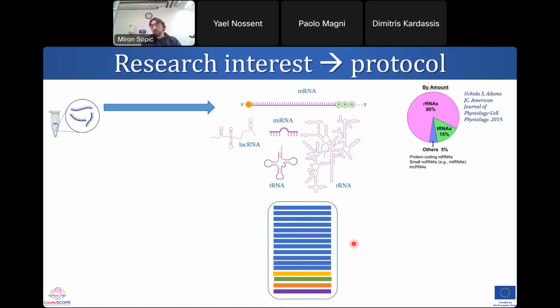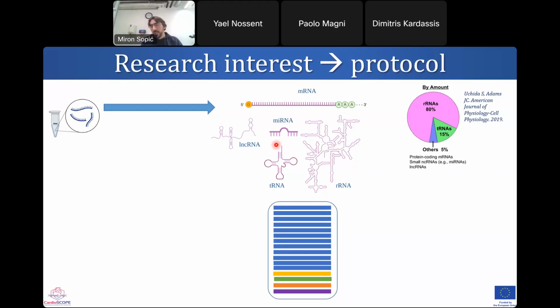So you can use total RNA, of course, for sequencing and go very deep, but then maybe it is better to somehow remove ribosomal RNA or enrich a specific type of RNA in order to not be forced to go super deep with sequencing, but again, gain good results.